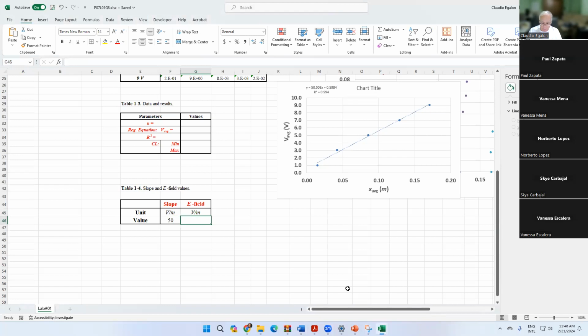Here it's going to be 50.00. So with this simple experiment, we can find out the electric field of your charge distribution: 50.008, 1148.